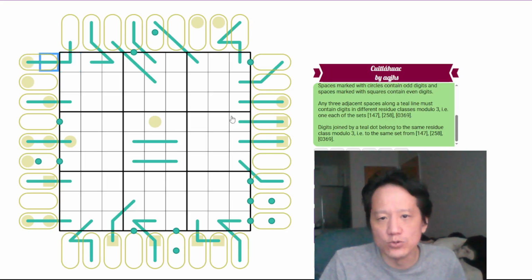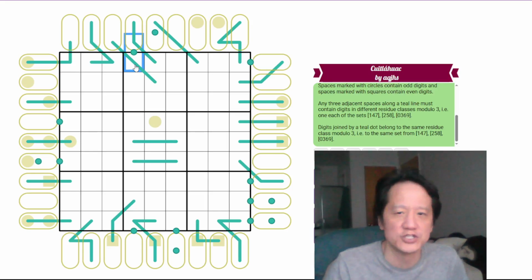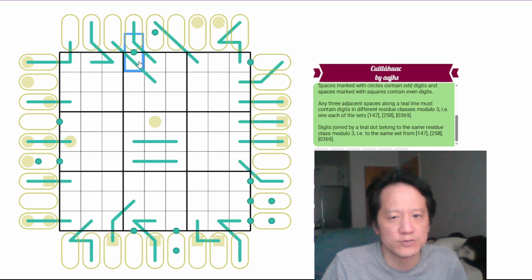And then the final rule is digits joined by a teal dot belong to the same remainder class modulo 3. Residue, yeah, my guess is it's just a translation thing. That is, the same set from 147, 258, and 0369.